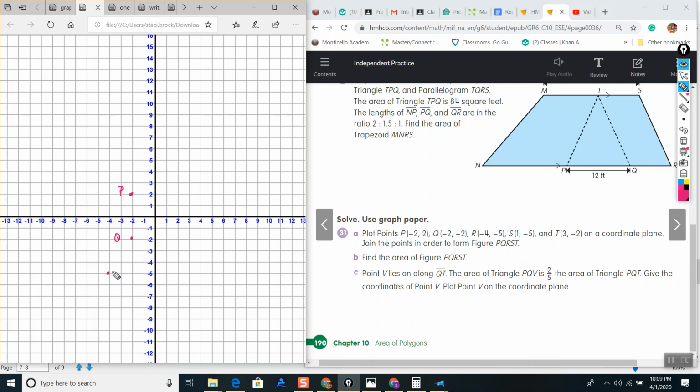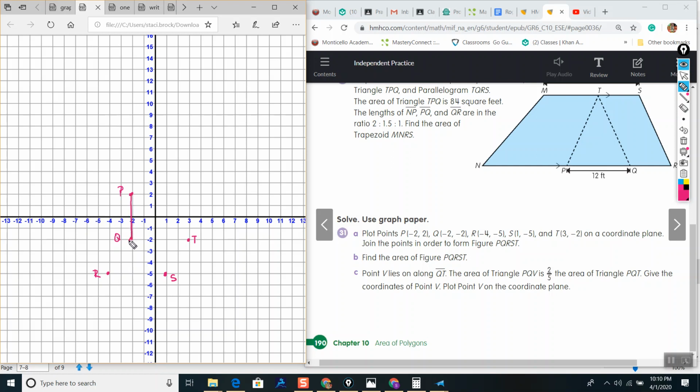Okay, -4 and -5, and that's R. And then we have 1 and -5, so we're right here, and that's S. And then I have point T, which is at 3 and -2. Okay, so there's T. So let's connect those up in order.